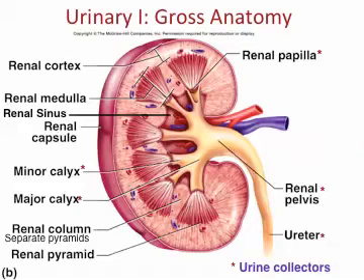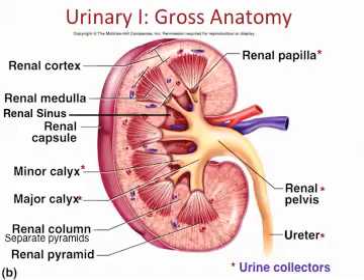The renal columns separate the renal pyramids, but both of those structures live in the renal medulla. In the renal pyramid, and we'll look at this microscopically, is where the urine is made.